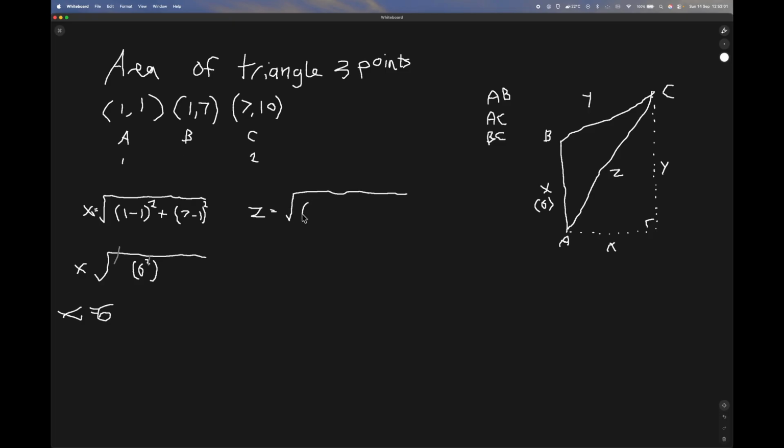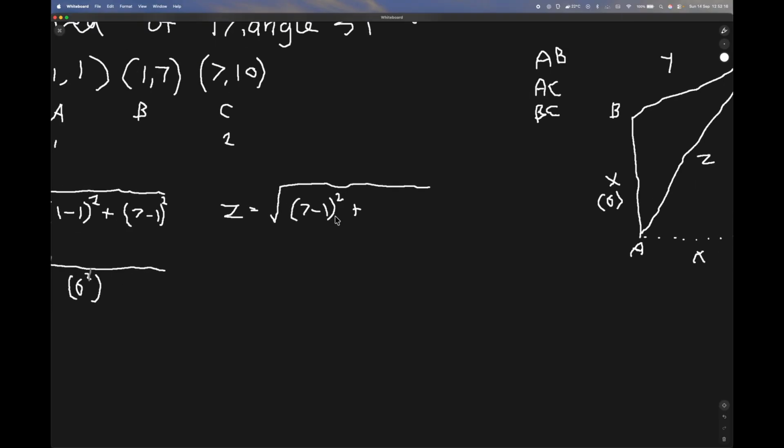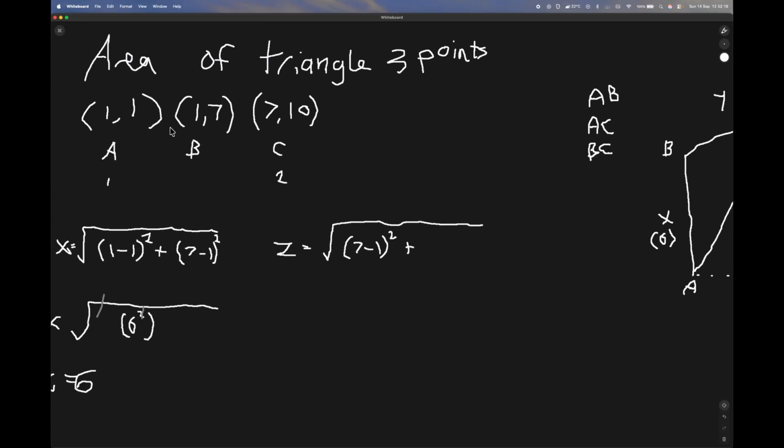So it's going to be x2 minus x1, so 7 minus 1 squared, plus y2 minus y1, 10 minus 1 squared. So equal to square root of 6 squared plus 9 squared.